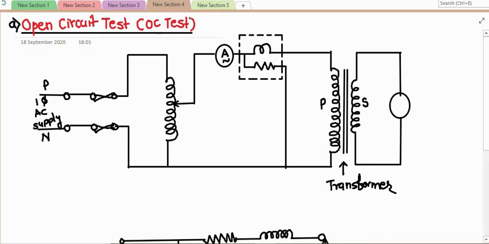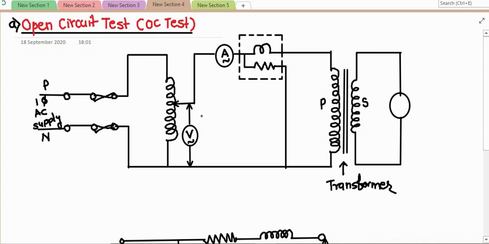Then let us draw one voltmeter here. So this is a voltmeter, which is again an AC voltmeter.